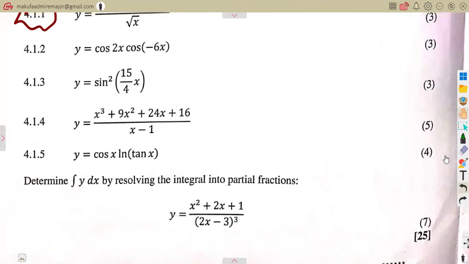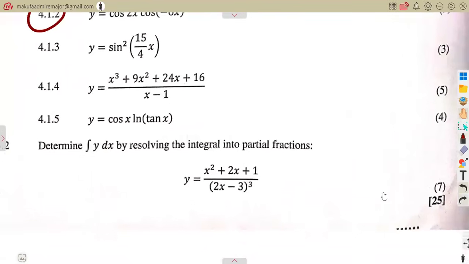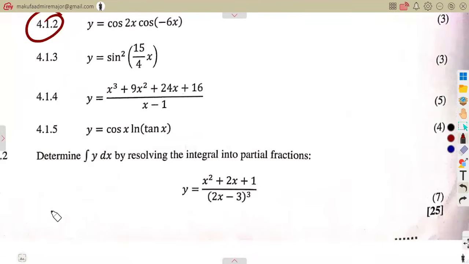4.12 from our integrals, again, we do understand that we can work out these trigonometric expressions from our identities. All right, so they were given 4.12, the integral of cos 2x times cos of negative 6x with respect to x.